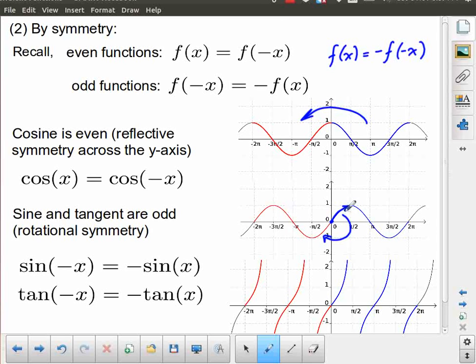Another way to look at that rotational symmetry is we could imagine reflecting sine horizontally, which would give the first crest looking like that, and then if we reflected that vertically, we would end up down here in this trough. And so once again, we have symmetry. That applies to both sine and tan. So that's another way to come up with some equivalent functions.